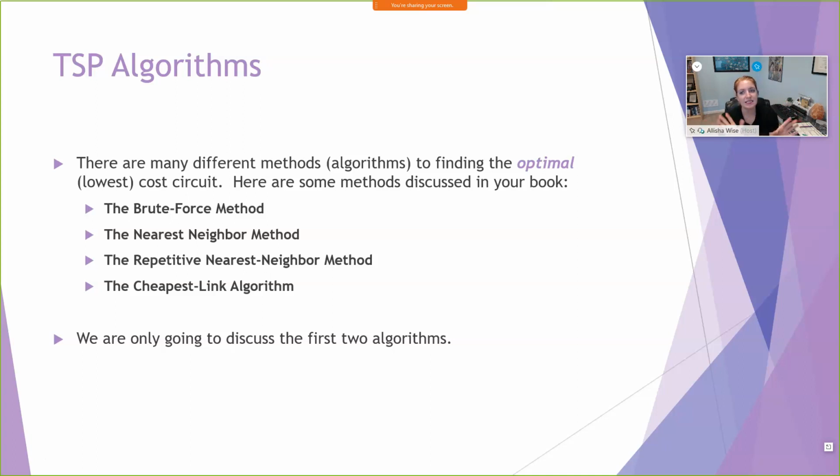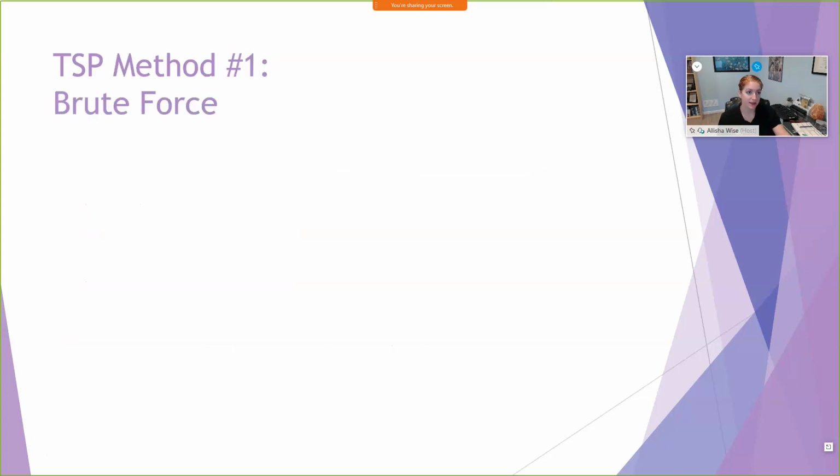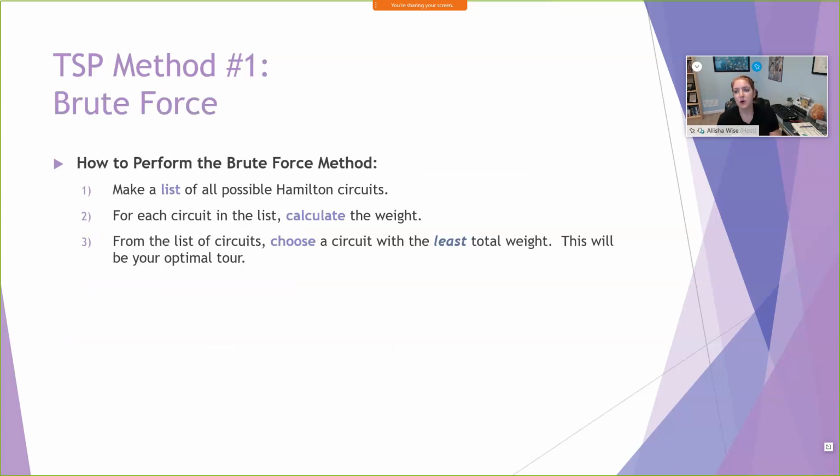Now, there are many different algorithms out there, but here are 4 that are discussed in your book: the brute force method, nearest neighbor, repetitive nearest neighbor, and cheapest link algorithm. We're only going to talk about the first 2 for right now. So TSP method number 1, brute force.